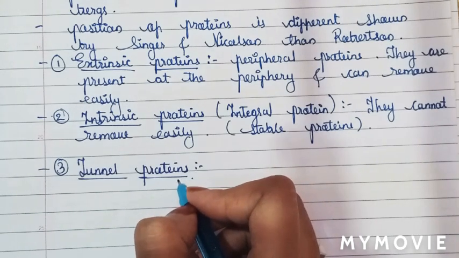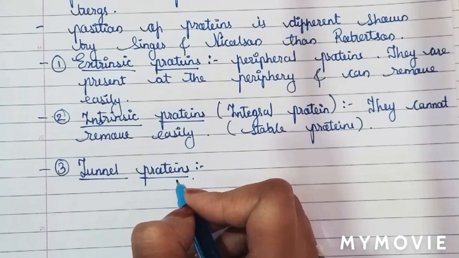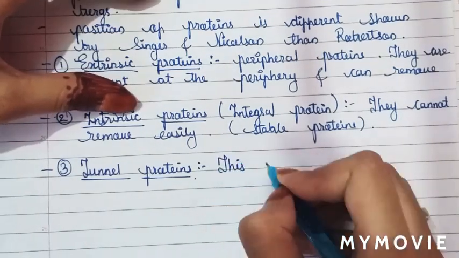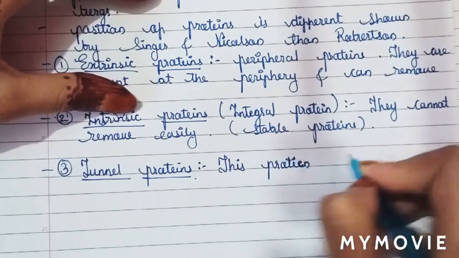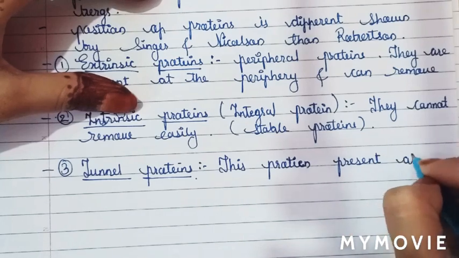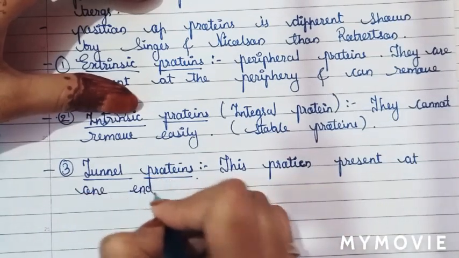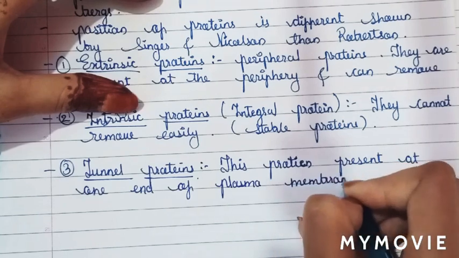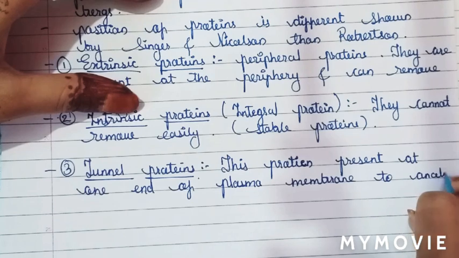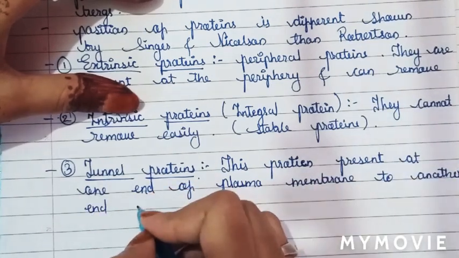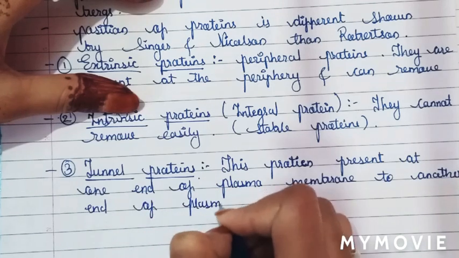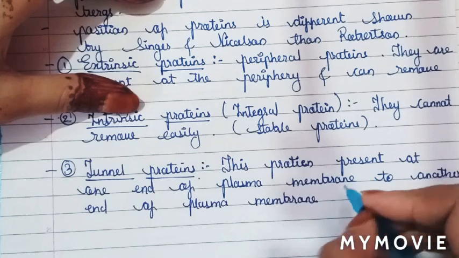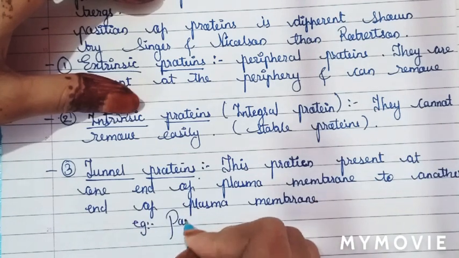This tunnel protein is present from one end of the plasma membrane to the other end of the plasma membrane, called a tunnel protein. Example, porin.